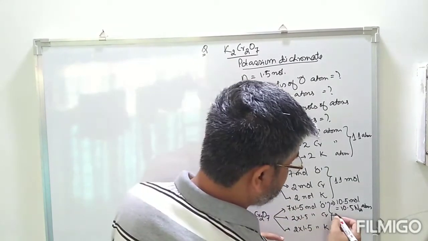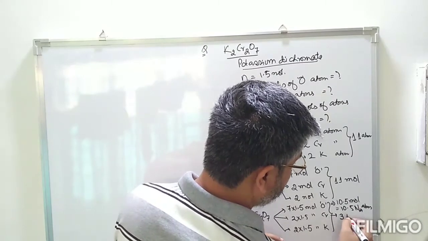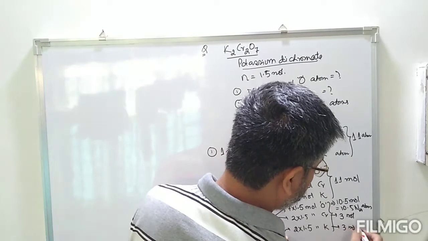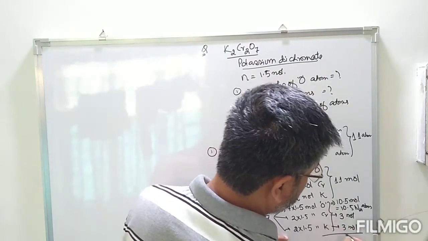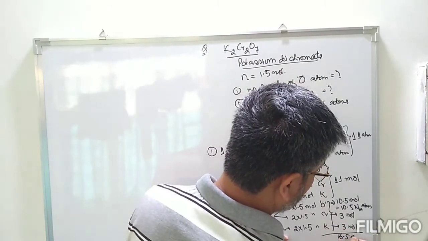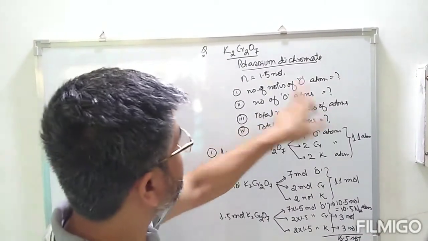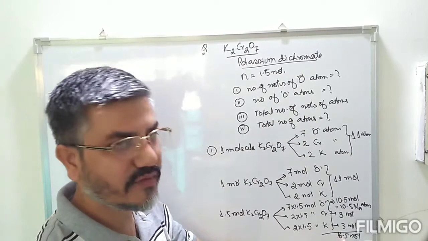The number of moles of chromium is 3, and the number of moles of potassium is 3. So the total is 16.5 mole. So the total number of moles of atoms present in 1.5 mole is 16.5 moles of atoms.